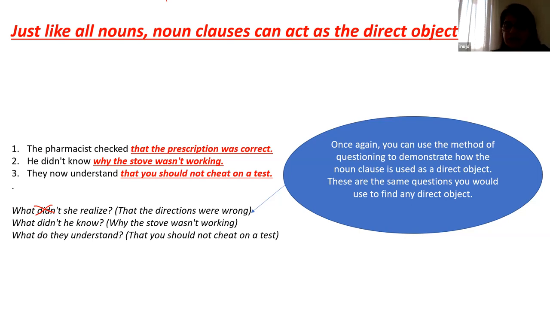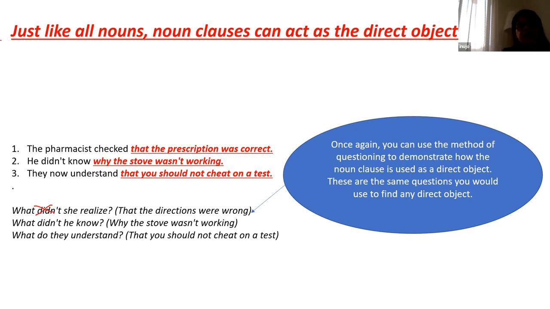When you ask the question to the subject, what didn't he know? The subject did not know why the stove wasn't working. Hence, why the stove wasn't working becomes your object. Noun clause functioning as the object.